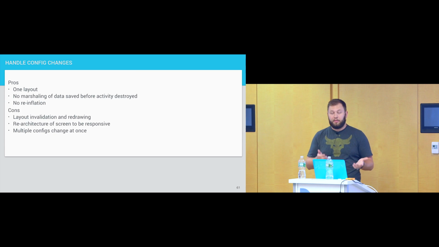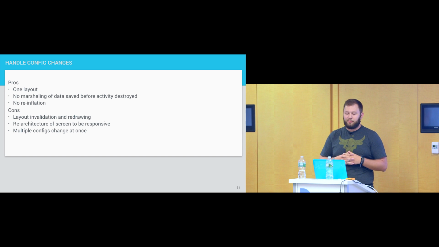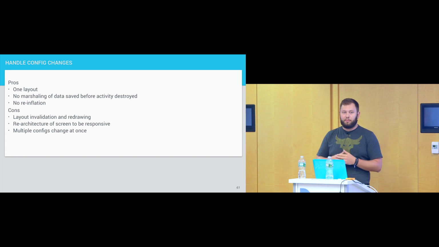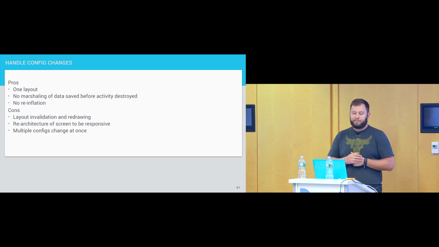So the pros and cons for this, really: if you decide to handle configuration changes, that means that you're just going to be able to have one layout potentially. You could have one layout that could be flexible enough to handle dealing with all the different orientations and screen sizes and all that stuff, which is really nice. And you'll also be forced to figure out how to deal with marshaling your data a little bit more, especially considering if your activity just gets absolutely killed at some point.